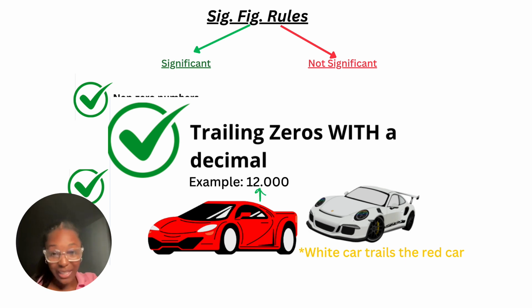And let's make sure that there is a decimal present in the number because that is important when it comes to trailing zeros. Once we've identified that a decimal is there, we can start counting all of our numbers in the example and identify how many significant figures are there. So we have 1, 2, 3, 4, 5. In this example, we have 5 significant figures.